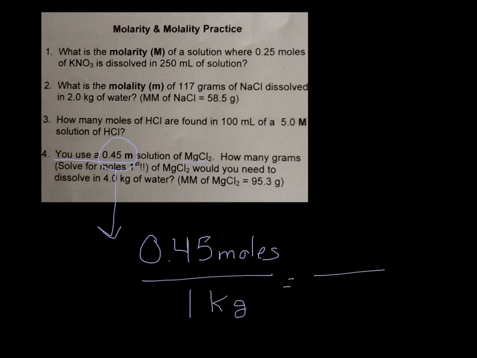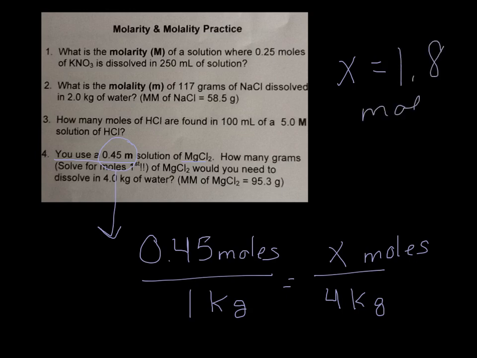Keeping our units the same, we're going to solve for moles on the top, and we know that we have 4 kilograms. To solve for x, we're going to take 0.45 times 4 divided by 1, which tells us we would need 1.8 moles. Now we don't want our answer in moles, we want it in grams.